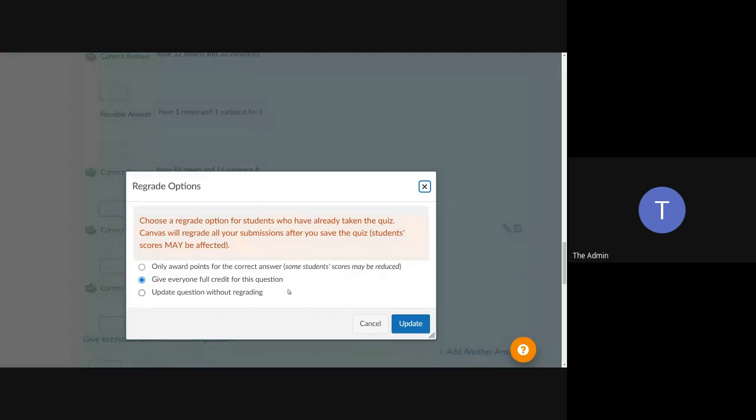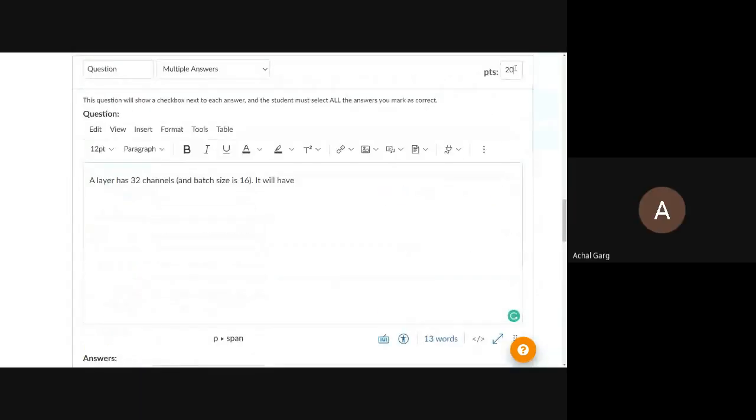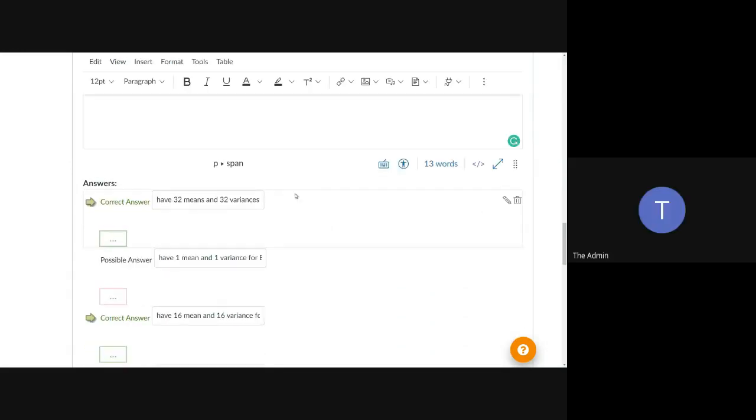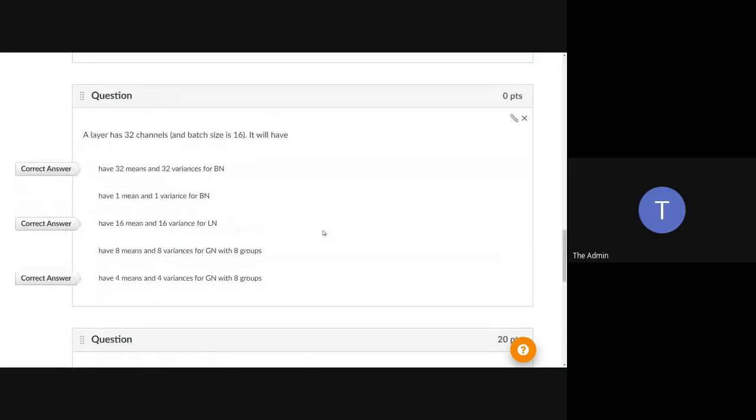This is not the correct answer. Because the question itself is wrong, we'll update it and see what we have now. A layer has 32 channels, batch size 16. It will have 32 means, 32 variances for BN, 16 means, 16 variances for LN, 4 means and 4 variances for GN with 8 groups. Cool.